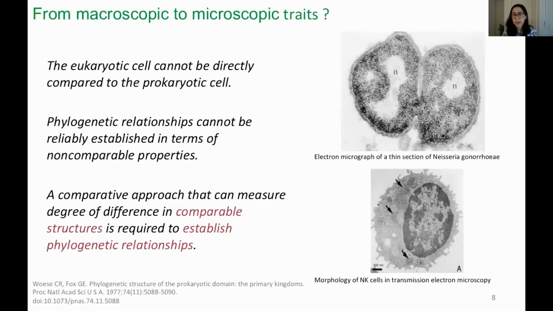So they say we cannot study cells as a whole if we want to classify all of the living beings. So we need a comparative approach, and we need comparable structures to establish phylogenetic relationships.